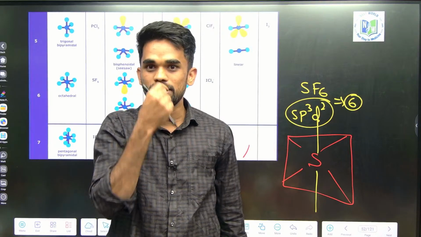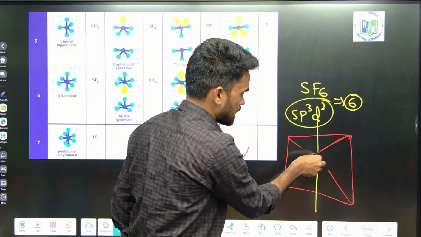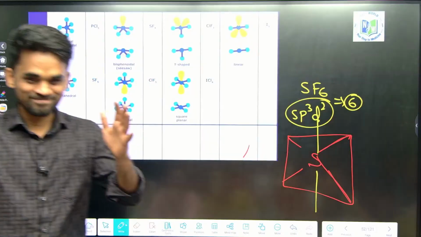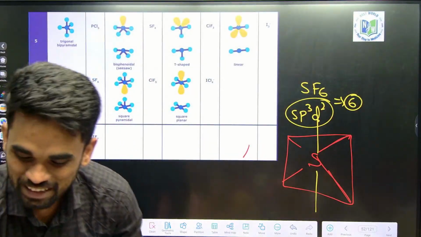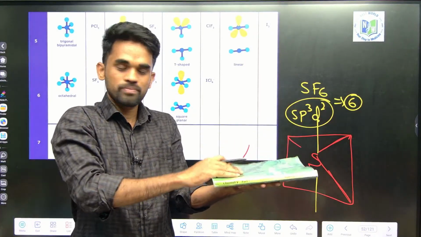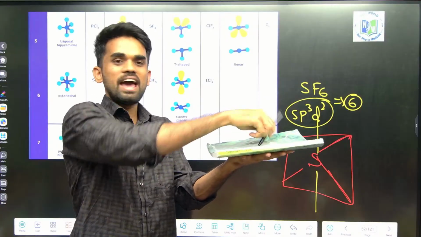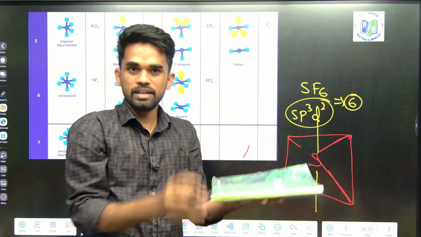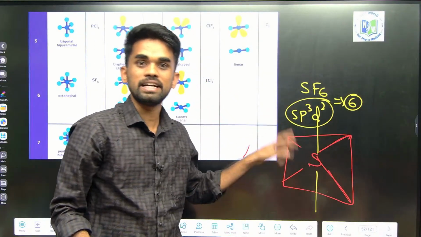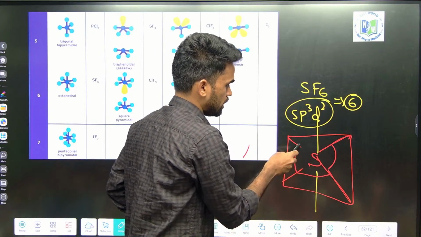Okay, clear everyone? Now, what is the angle between this red color line and this red color line? See, this is the book I am giving you. At the middle I told you to put sulfur. What is the angle here between these two? 90. So like that, how many 90s are there within the plane, within that red color? 1, 2, 3, 4.